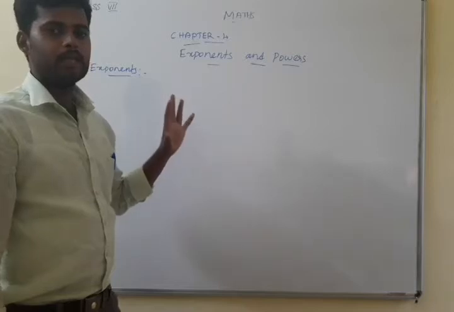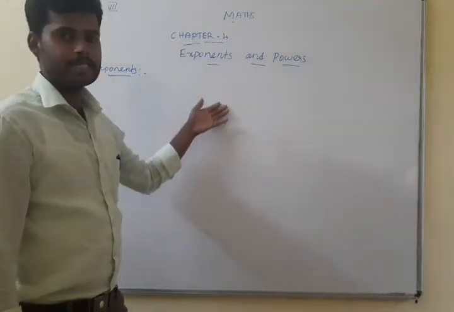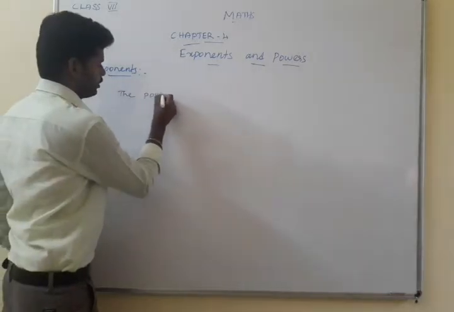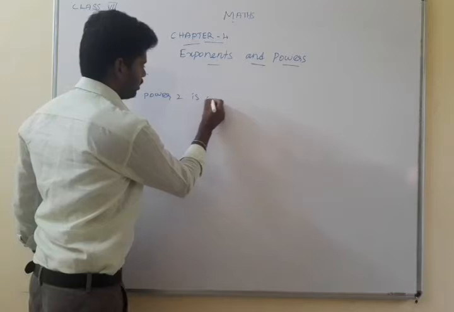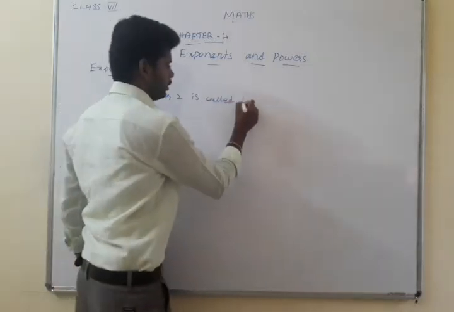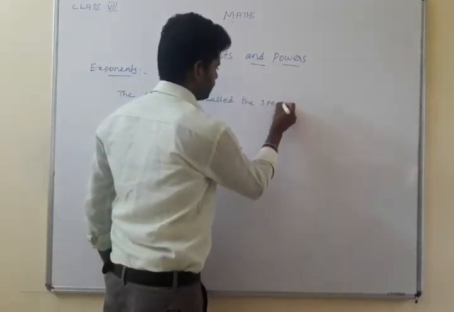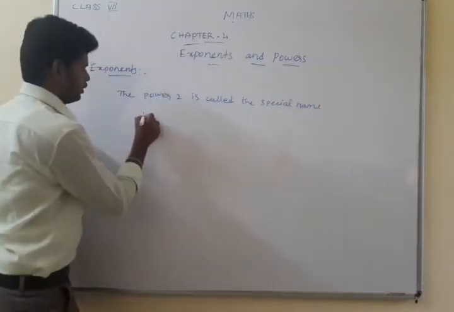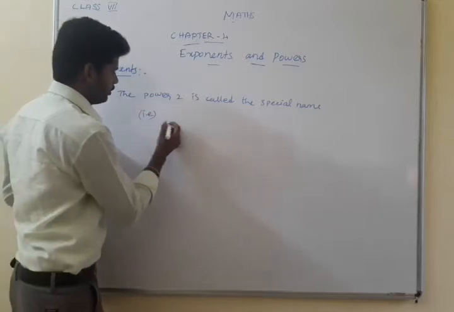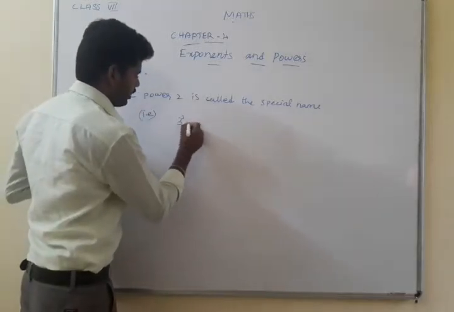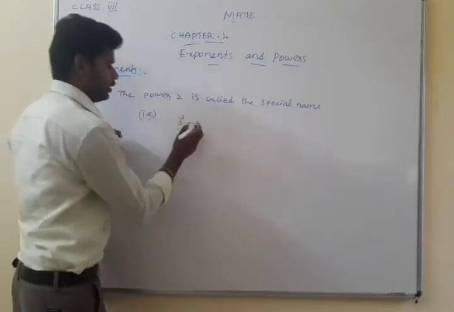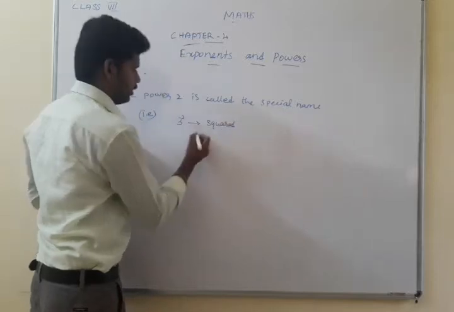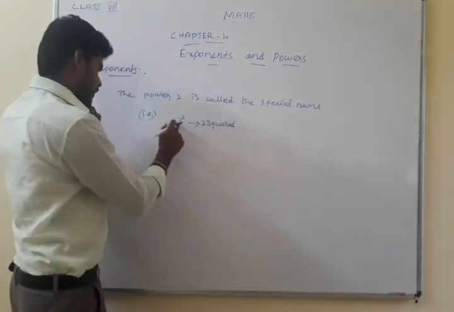Next, power 2 and power 3 have special names. The power 2 is called square. This is 3 square, 3 power 2.